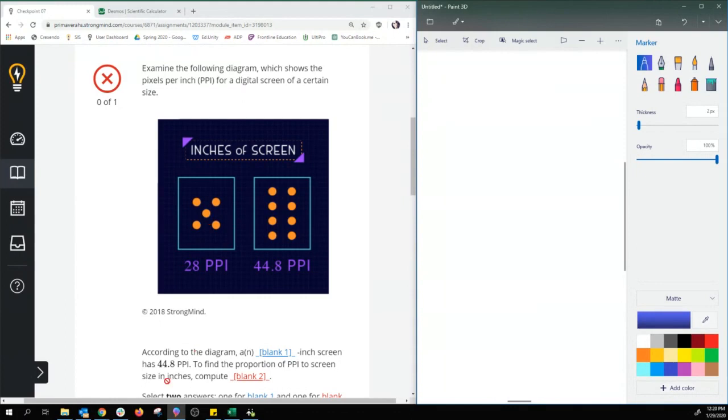Perfect. The first blank says, according to the diagram, a blank inch screen will have 44.8 PPI. So here is my 44.8 PPI. How many inches of screen will I have?